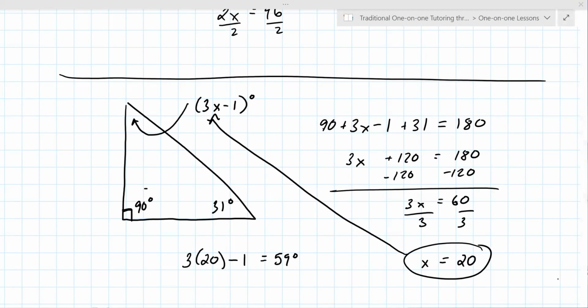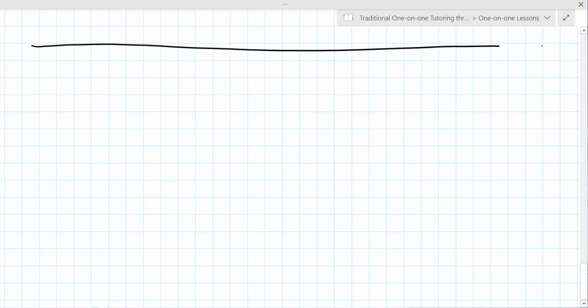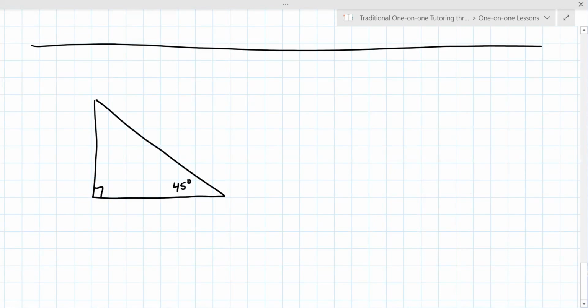Okay, so let's try another one here. I want you to solve for x in this.